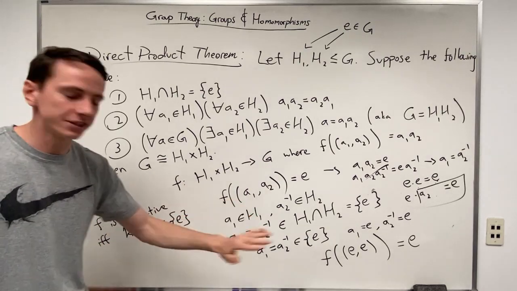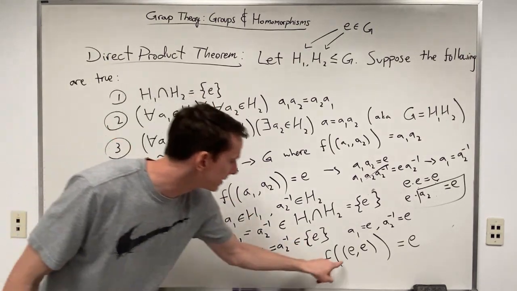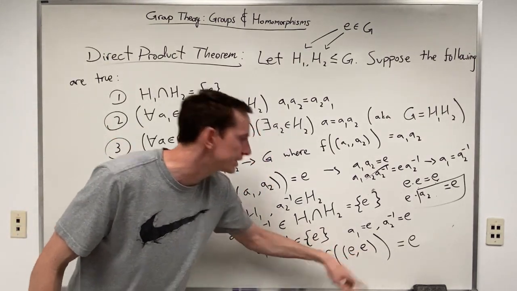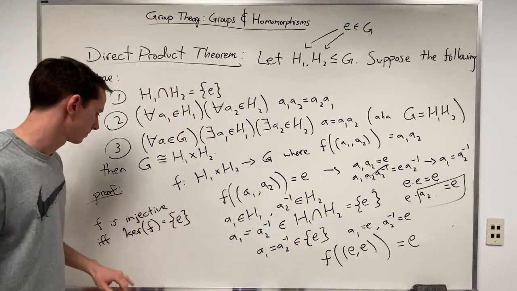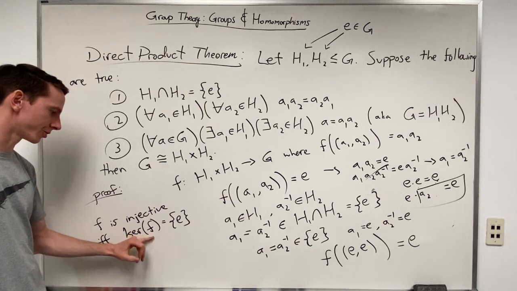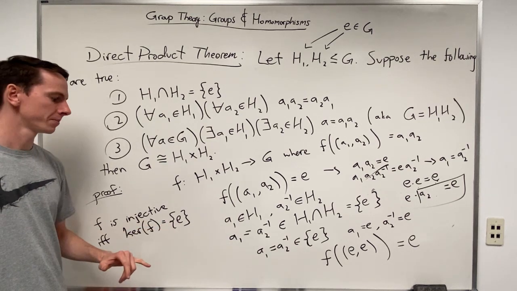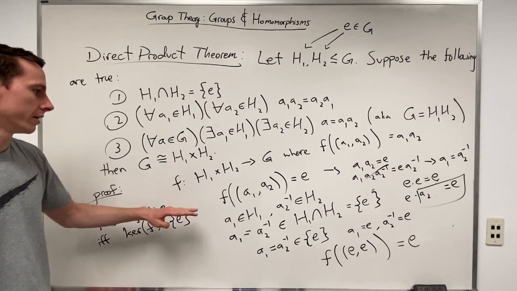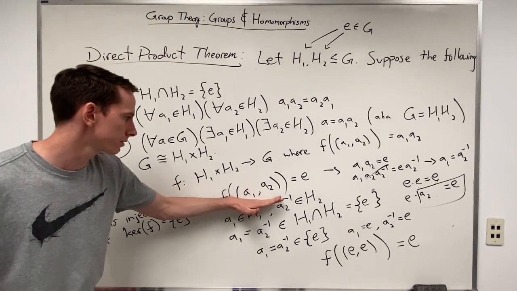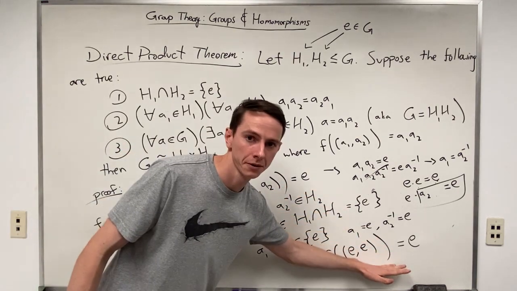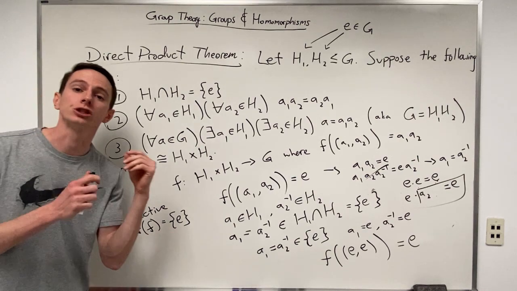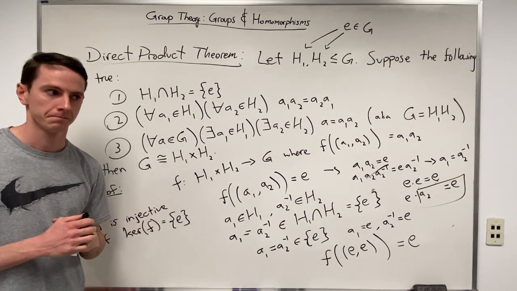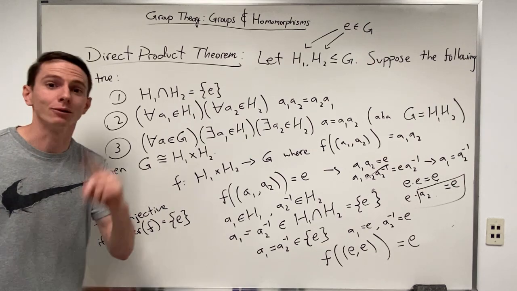And if this is the only way this is possible, this ordered pair is the only element of the kernel. The only element of the kernel of f is the identity. What we have just shown, going from here all the way down to here, is that this is true, therefore the function's injective. Okay? That was the first part.